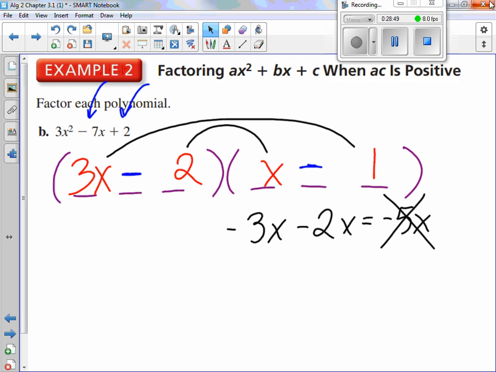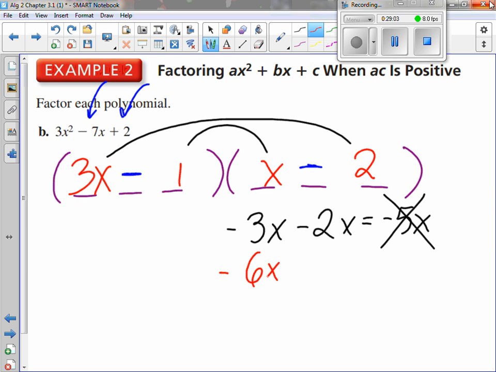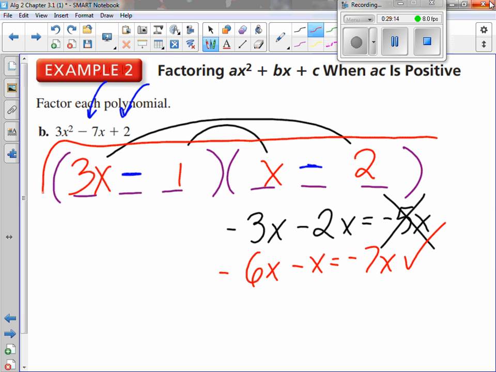We just need to change one of them. 2 and 1. Well, 3x times negative 2 would be negative 6x, yes? Negative 1 times x would be negative x, which gives us negative 7x. And that's it. That's what we wanted.